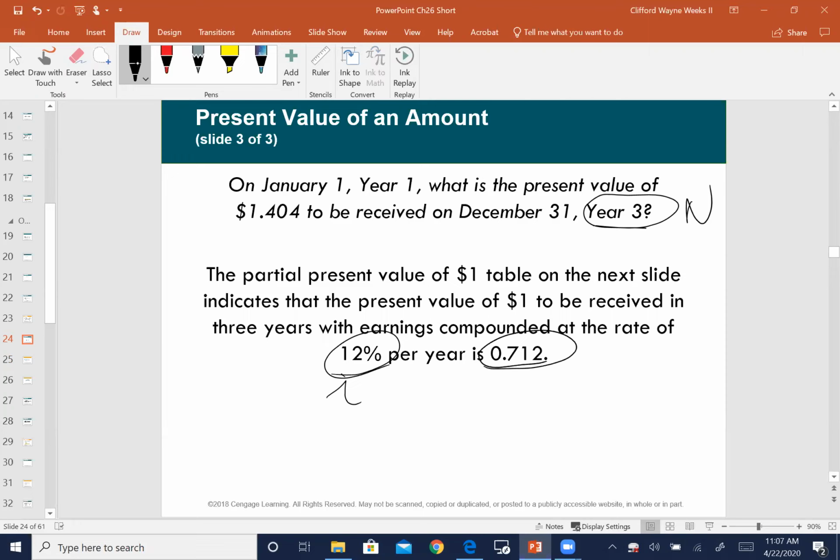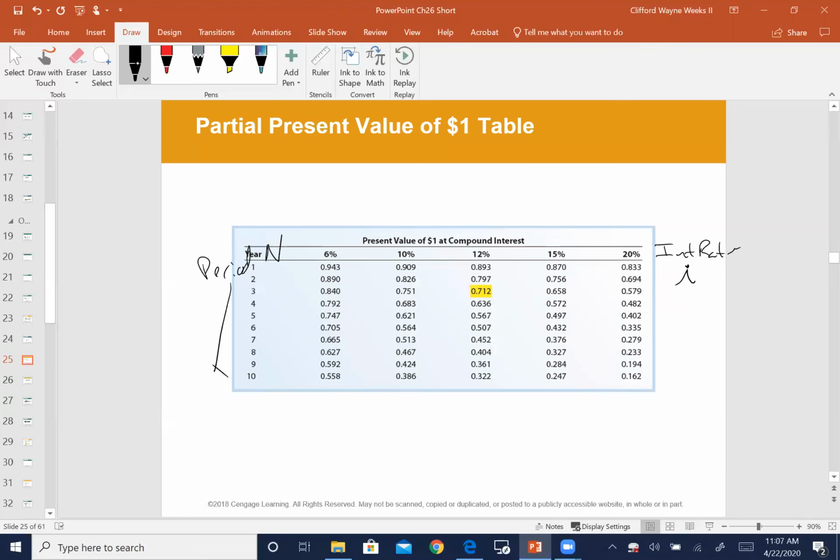You can do it either way: go across the top to find 12%, then the 3, bring it across, and that's the present value factor of 1 for 12I and 3N.